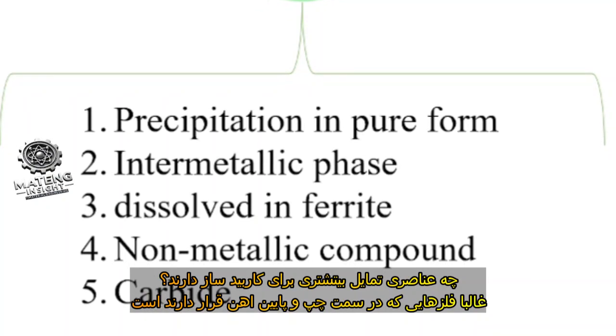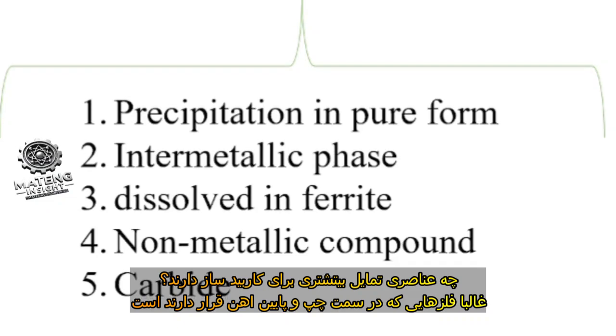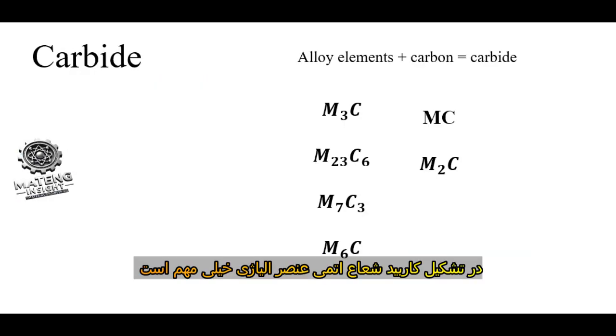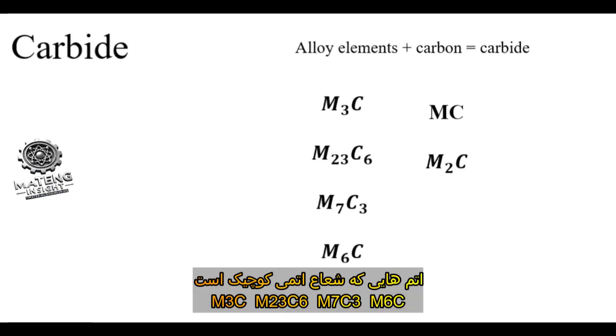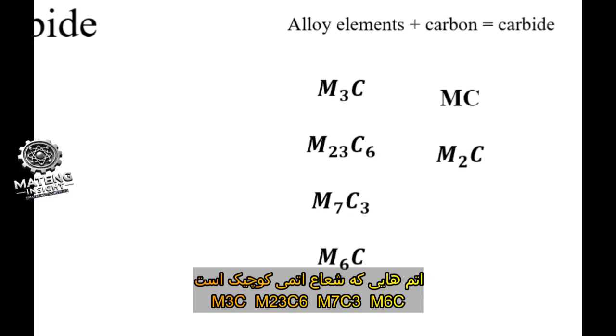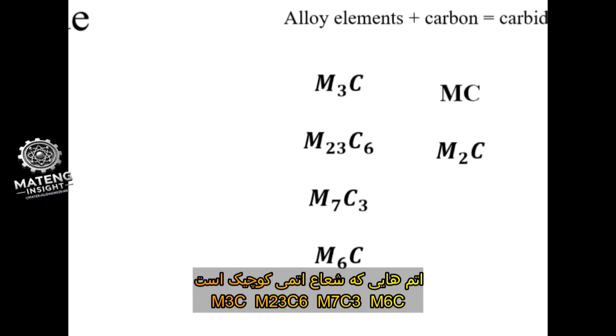What kind of alloy elements form carbides? The elements that are on the left and below the iron. The atomic radius of the alloy elements is very important in order to form carbides. Usually, atoms with a small atomic radius form M3C, M23C6, M7C3, and M6C.